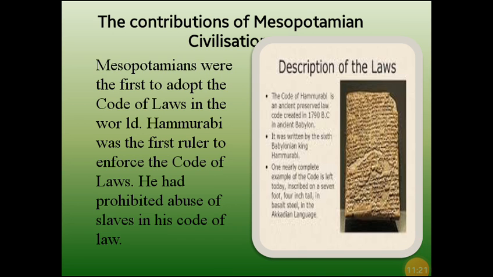Hammurabi was the first to adopt a code of laws. He prohibited the abuse of slaves in his code of law. So he had the rules of an eye for an eye and a tooth for a tooth, but he was against the abuse of slaves.